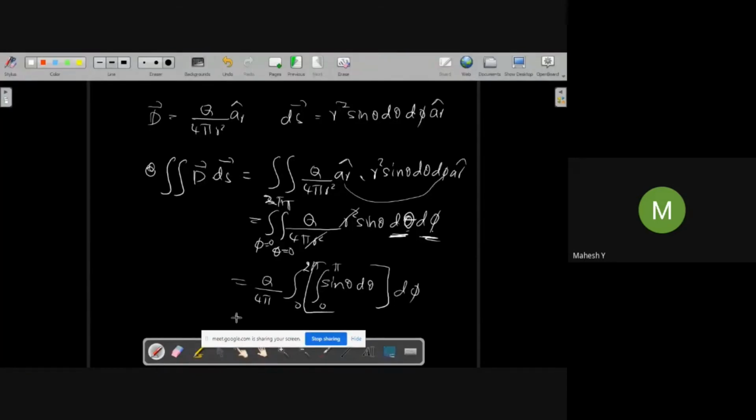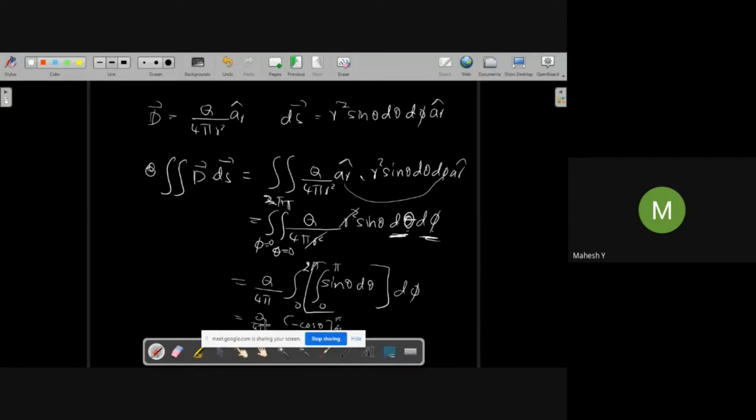Now if you integrate, that will be Q by 4 pi. The integral of sin theta from 0 to pi is minus cos theta with the limits 0 to pi, which will be 2, right? Cos pi is minus 1 and cos 0 is 1, so that will become 2.